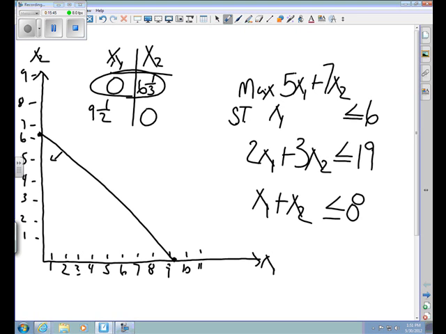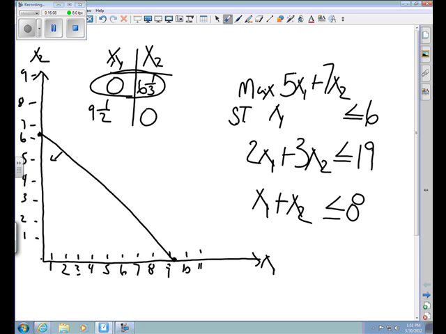Here's a set of coordinates right here, 0, 0 down here in the corner, and let's see if that is true. If I take x1 equals 0, x2 equals 0, is that constraint satisfied? And that would be 2 times 0 plus 3 times 0 is less than or equal to 19. That's true. 0 plus 0 is less than or equal to 19.